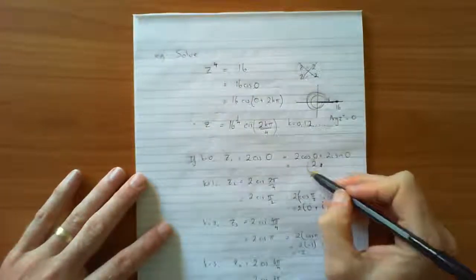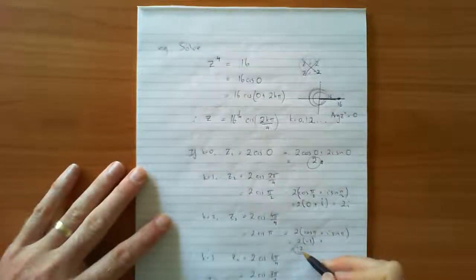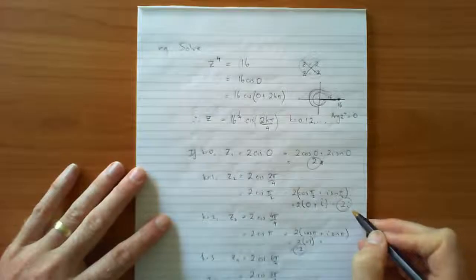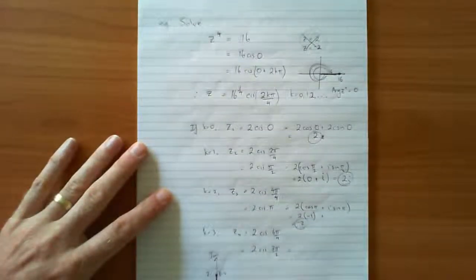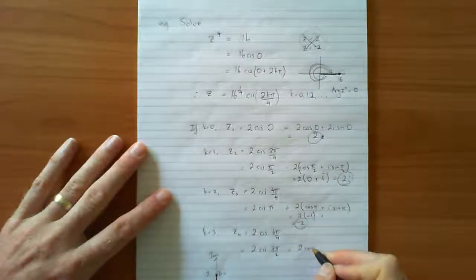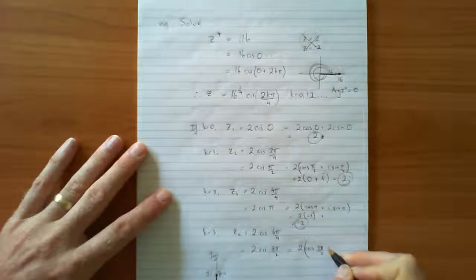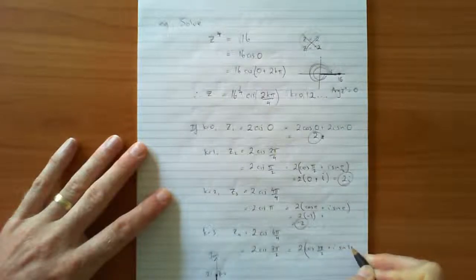So here you've got your 2 and your negative 2. Here you've got your 2i, and no guess as to what this one will be. This will be your minus 2i, so you've got 2 cos of 3 pi on 2 plus i sine of 3 pi on 2.